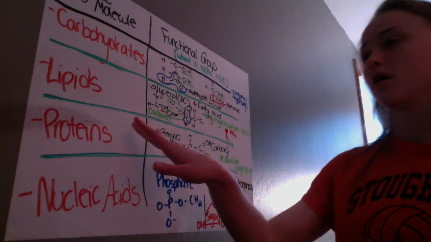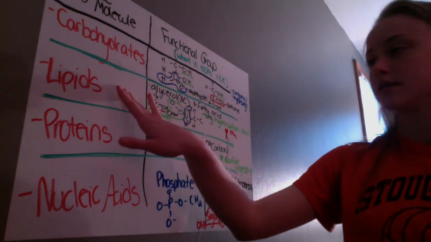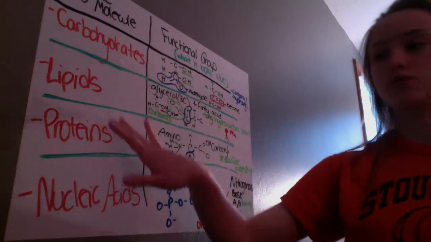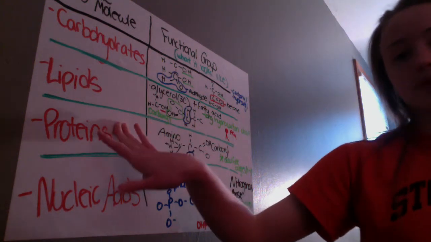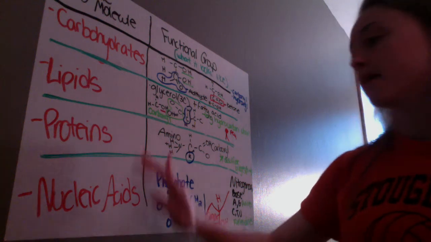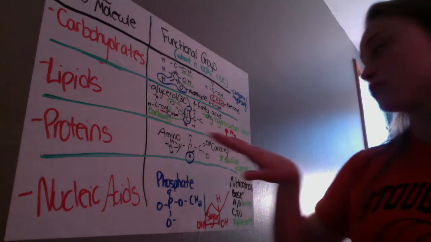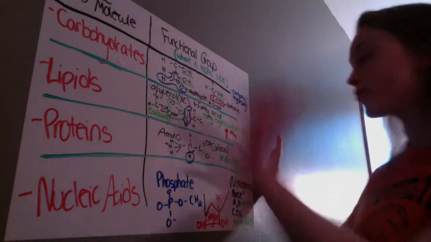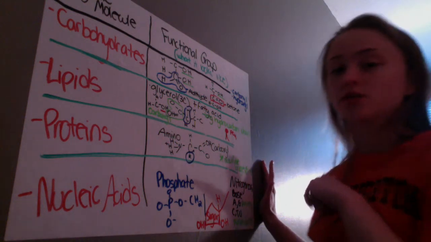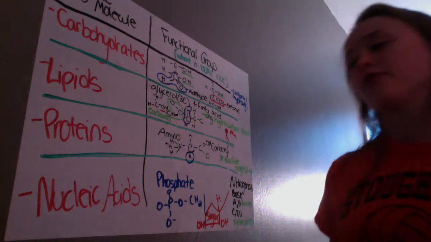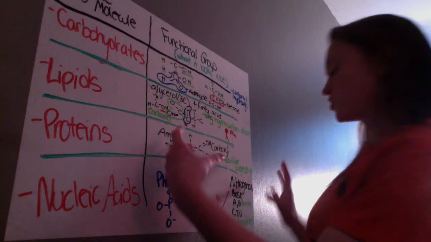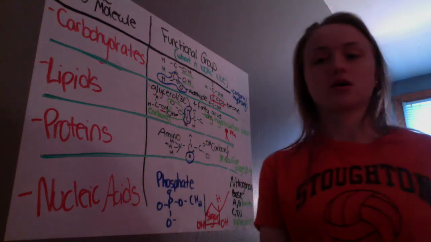Lipids have an ester linkage, carbohydrates a glycosidic linkage, proteins a peptide bond, and nucleic acids a phosphodiester bond. And once again, proteins have an amino group and a carboxyl group, but don't forget about the disulfide bridges in the tertiary structure when the protein folds. And nucleic acids have a phosphate group, a sugar, and a nitrogenous base. All right, that's all for now.